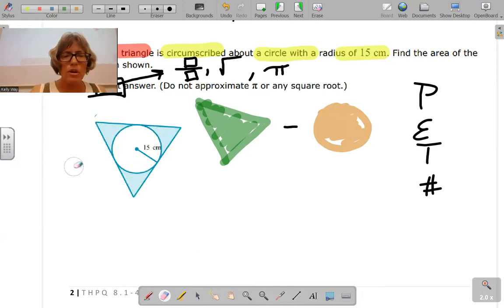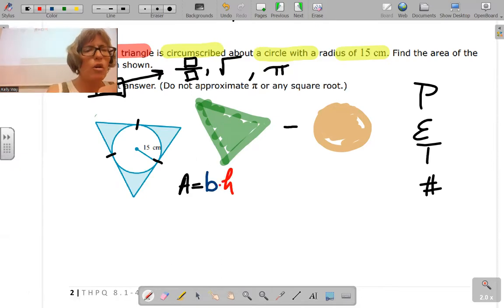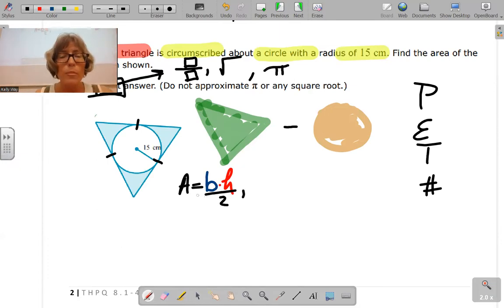All right, now, triangle. Remember, it's equilateral. Boom, boom, boom. All three sides are equal. There are two equations we could use. Area equals base times height over 2. Or, because it's equilateral, I could use area equals perimeter times apothem over 2.